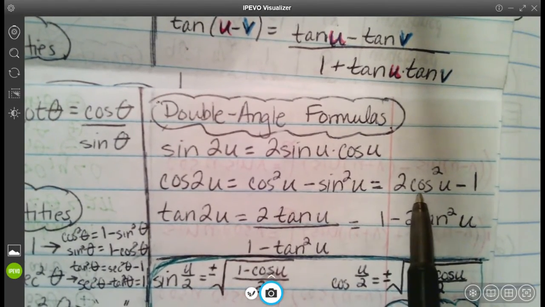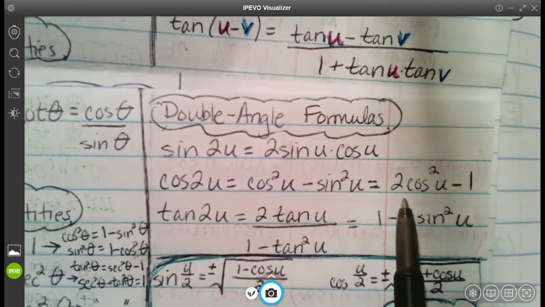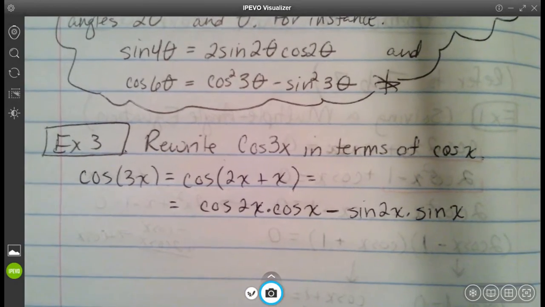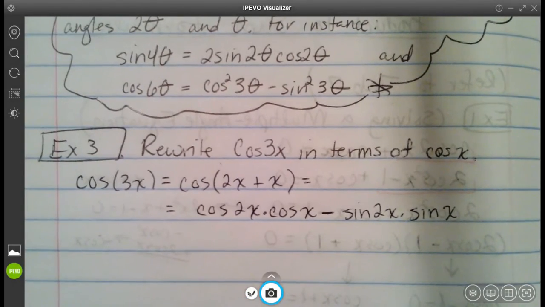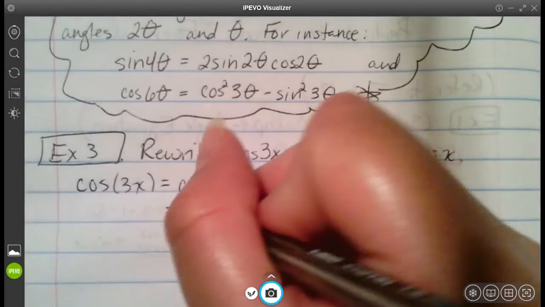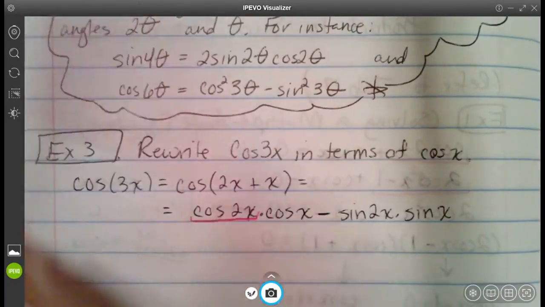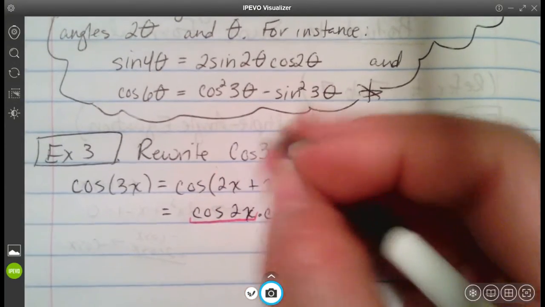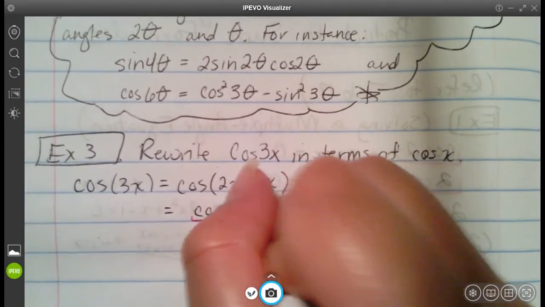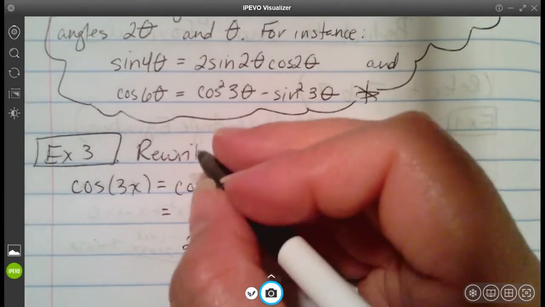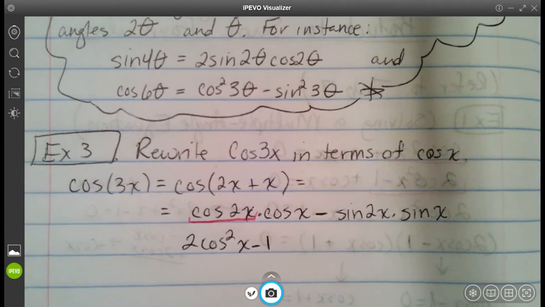Let's use this one, and I'm going to replace this part with 2 cosine squared x minus 1. Again, this is directly from the folder because I do not have all of these memorized.